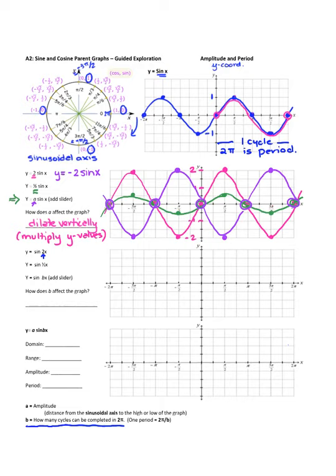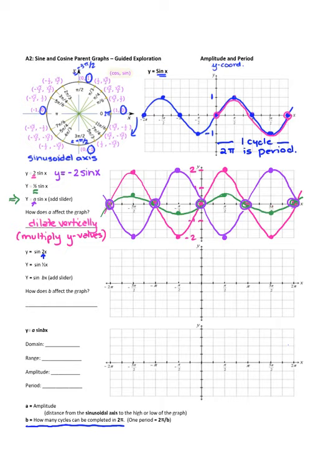2 pi is the distance the graph will travel horizontally before it starts to repeat the pattern. Think of the cycle as the pattern. So you want to do just one pattern in that distance. What this 2 says, that b value right inside in front of the x value, is that I can complete 2 cycles in 2 pi.